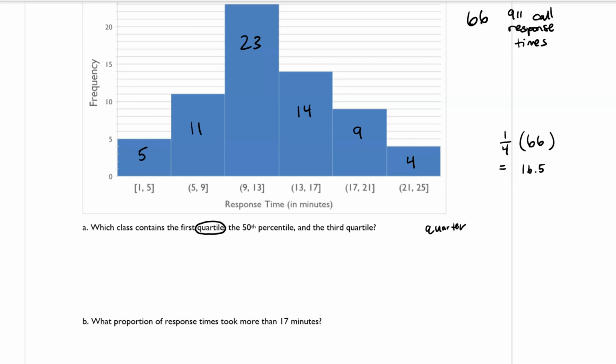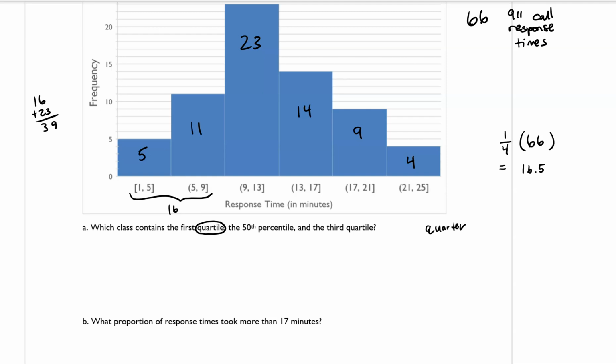And so that is equal to 16.5. And so we want to think about the groupings. So if we added these first two groups, there are 16 here. So that's not going to contain the first quartile. And if we added this next one, so 16 plus 23 is 39.